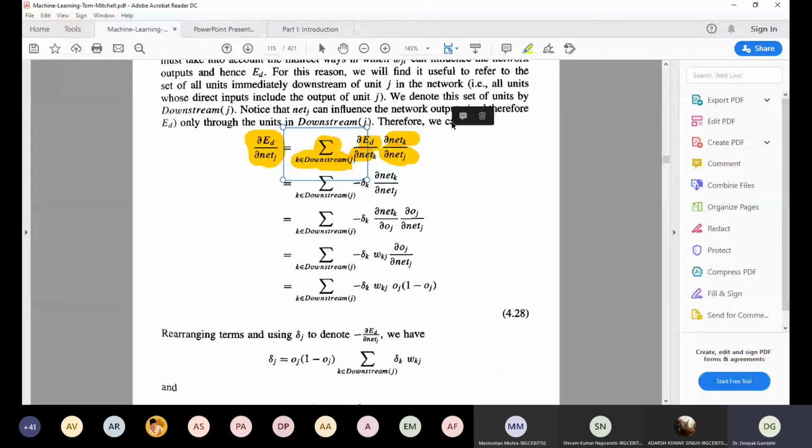So when you solve this, the partial derivative of error with respect to net is delta.